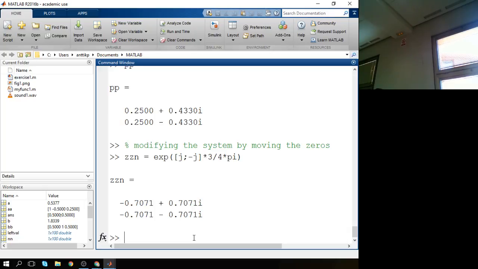And now when we have the zero locations, we can always do the reverse function of the roots, which is the poly function.